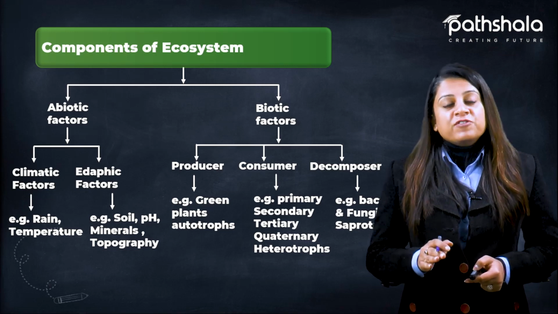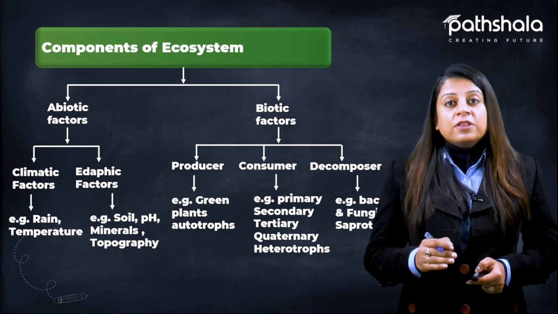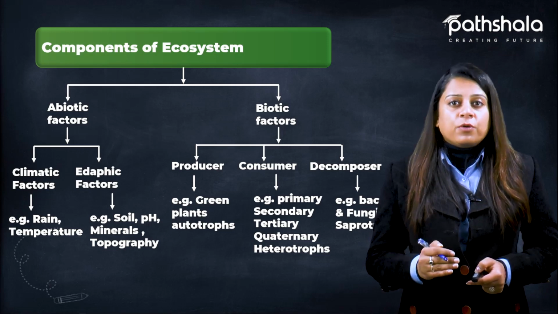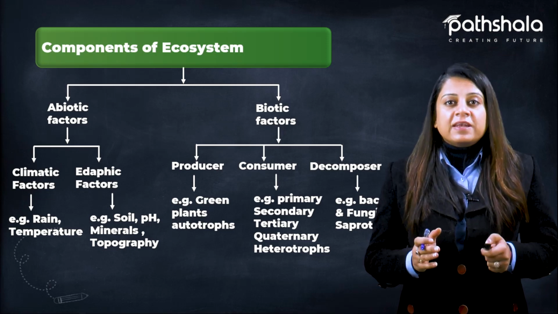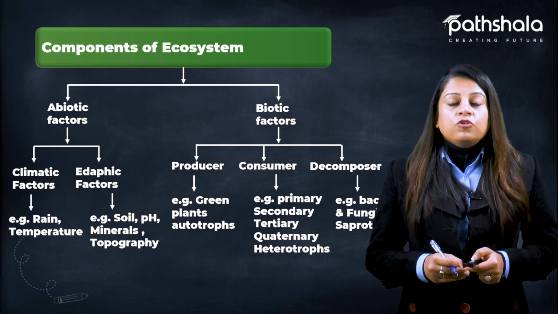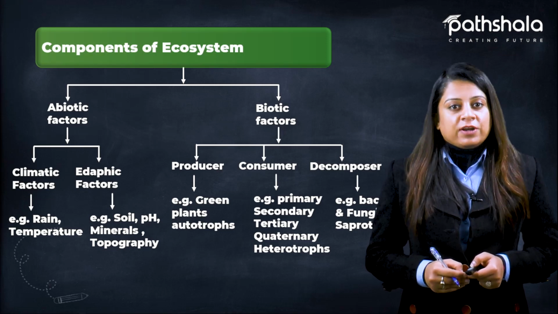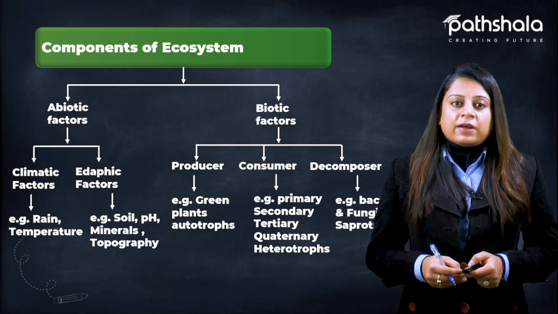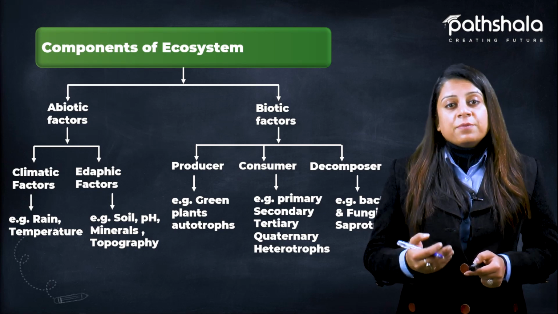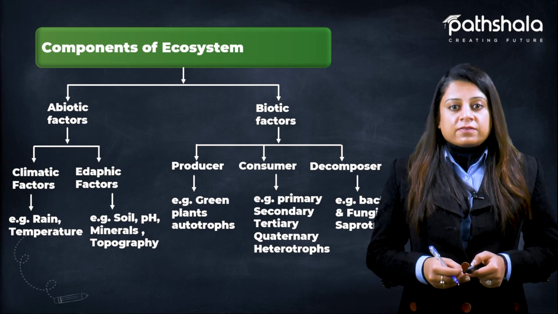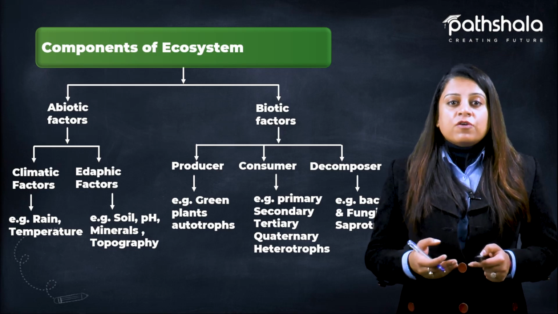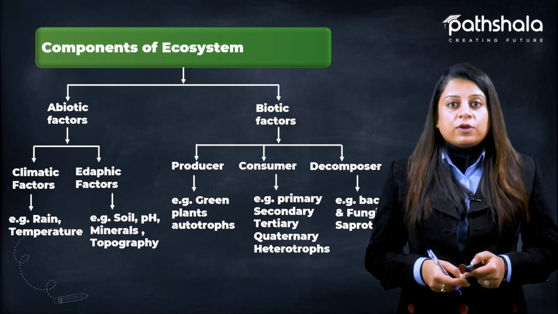Both these components play an important role. Without any one of the components, the ecosystem cannot maintain its stability. Talking about the abiotic components, for example, climatic factors such as rain and temperature, edaphic factors, that is soil, pH of the soil, minerals and topography.